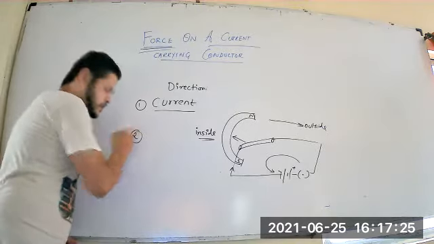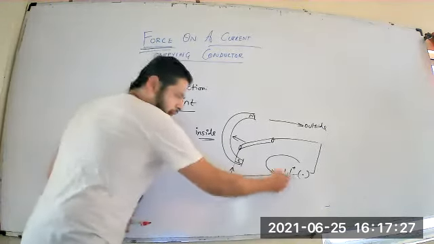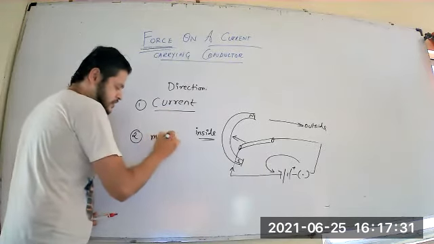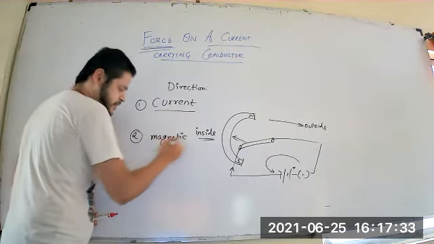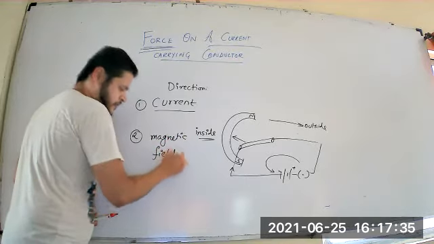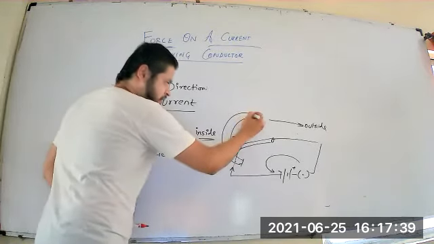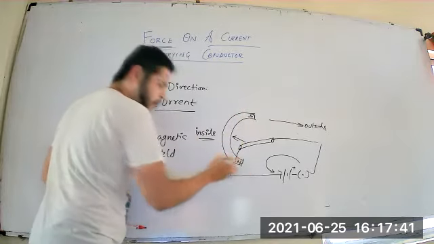The second method is we keep the direction of the current the same, but I change the direction of the magnetic field. That means we place the magnet in the opposite direction.